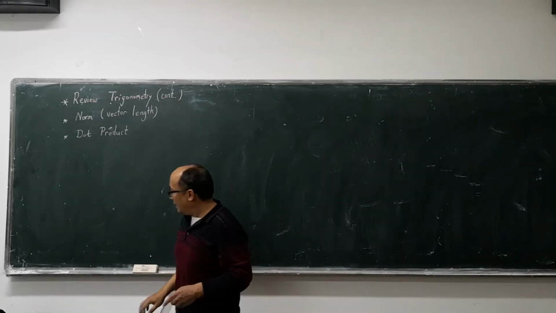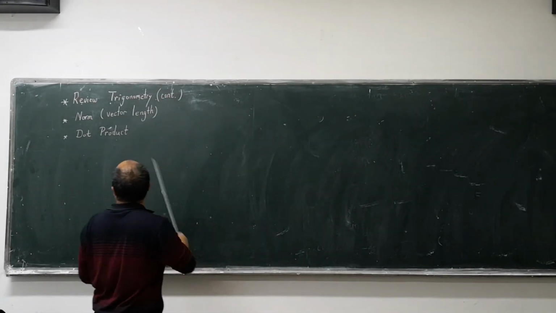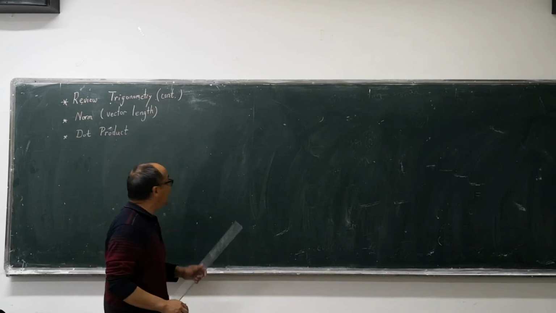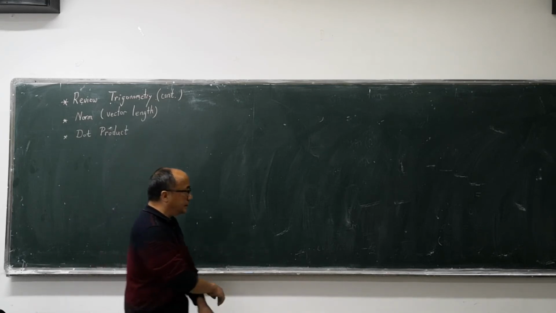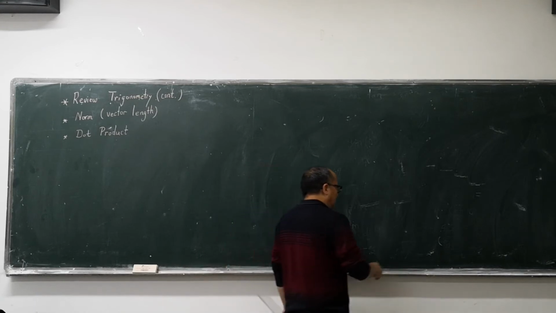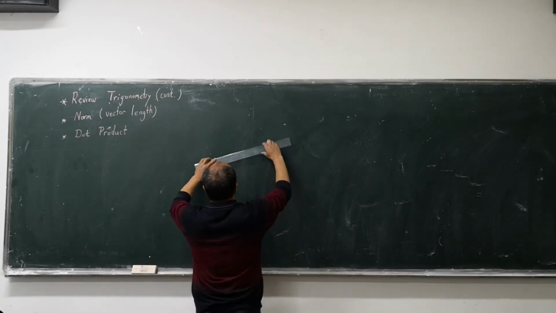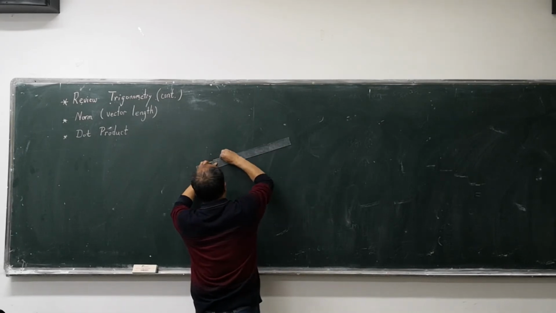Okay. And now we're moving on to the norm and the dot product. The two are related. A vector, okay?